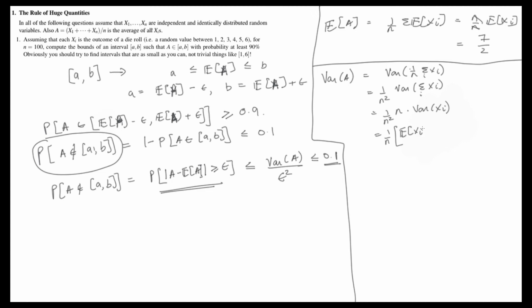The expectation of xi squared minus the expectation of xi, the whole squared, which is equal to 1 over n times, what is the expectation of xi squared? Each and every point has probability 1 over 6. It's 1 plus 4 plus 9 plus 16 plus 25 plus 36.